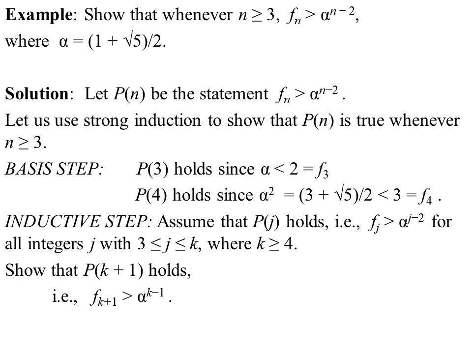Now you have to understand how you got this alpha square as (3 plus root 5) whole by 2.